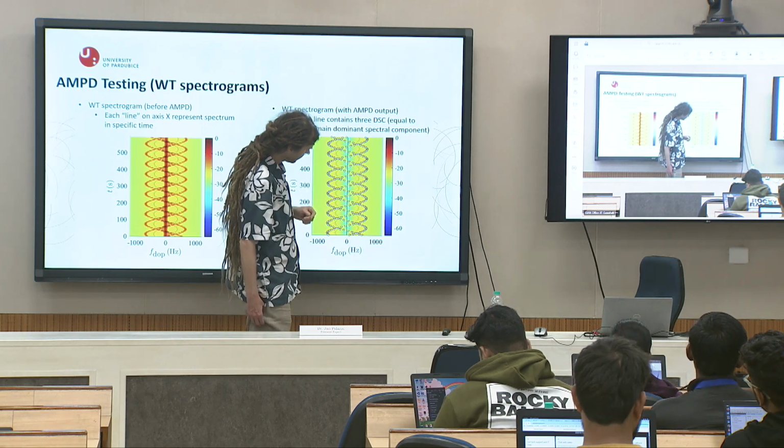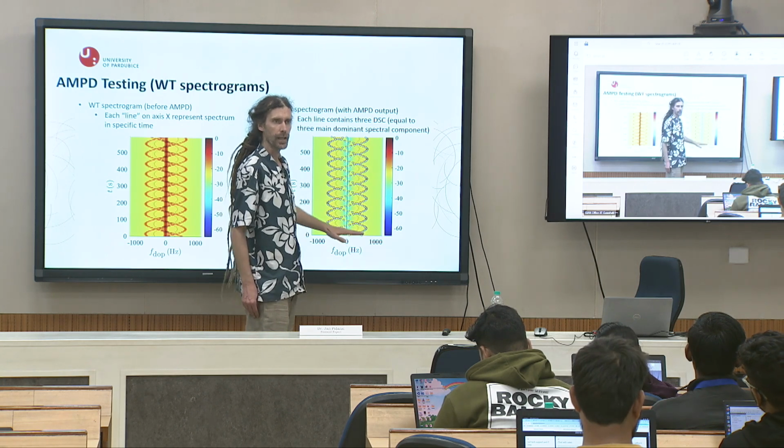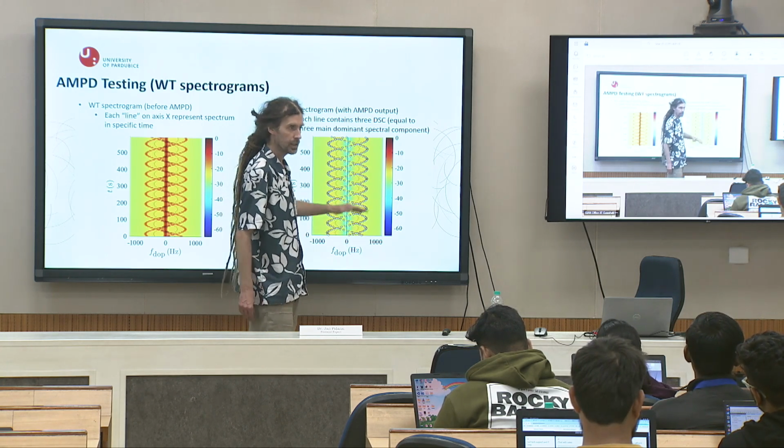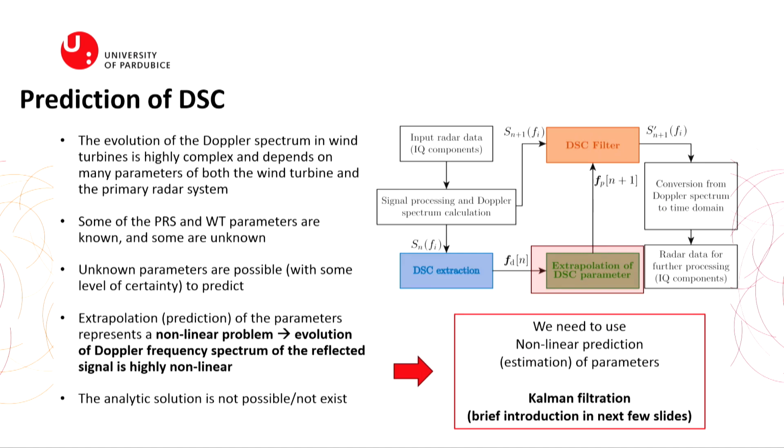So is it clear? Can I continue? It is just this DSC extraction. So after we know which DSC components are in our frequency spectra, we can move to prediction of DSC.